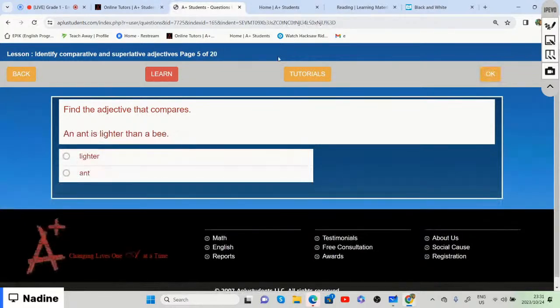An ant is lighter than a bee. So is our answer lighter or ant? We need to find the adjective that compares.